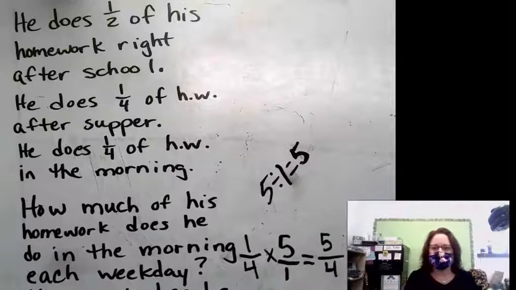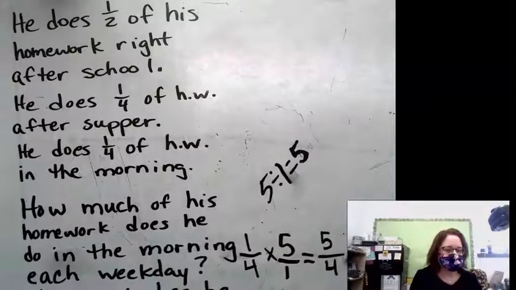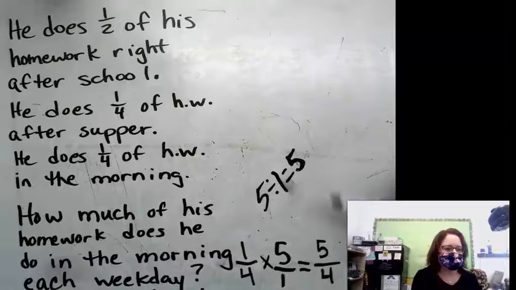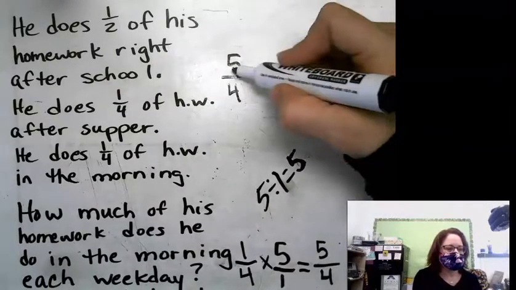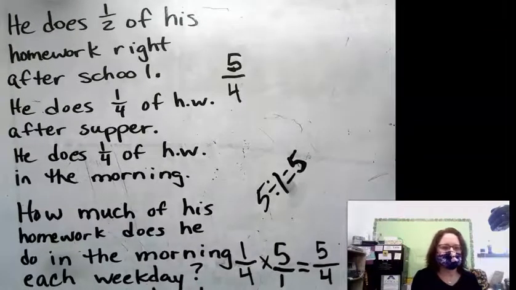5/4 is an improper fraction. An improper fraction is one that has a numerator that's bigger than the denominator. So I want to change that to be a mixed fraction. Well, I know that 4/4 is 1 whole, right?